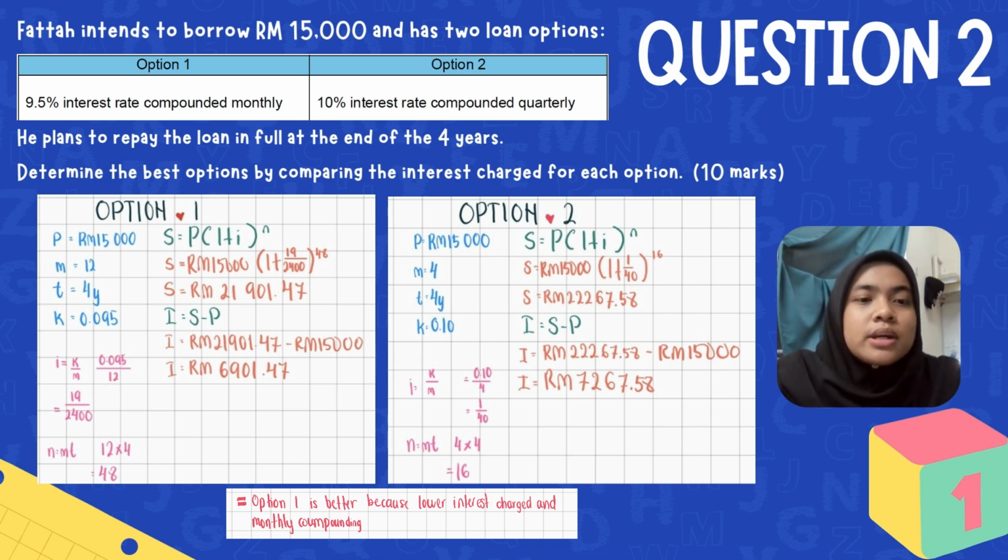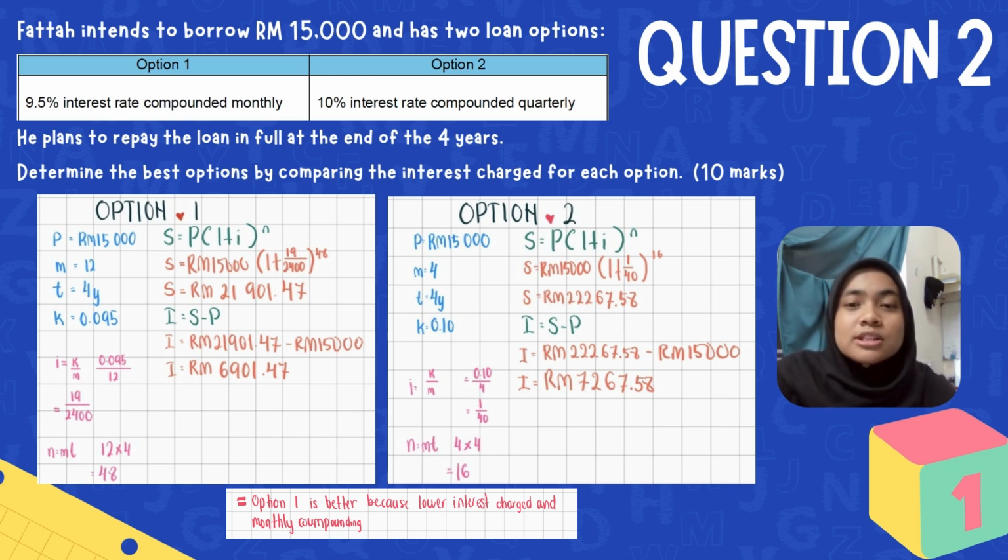So, before we find the I, we should find S first. S equals P(1 plus I) to the power of N. After we substitute the information in the formula, we get S 21,901.47. After that, we can find the I. I equals S minus P. After substituting the information in the formula, we get I 6,901.47. For option number 2, we use the same steps as option number 1.